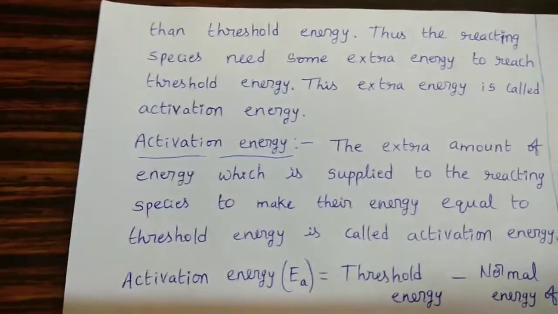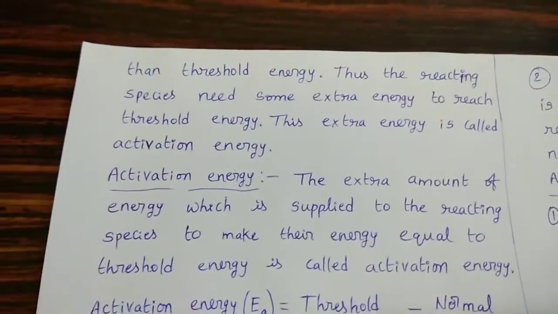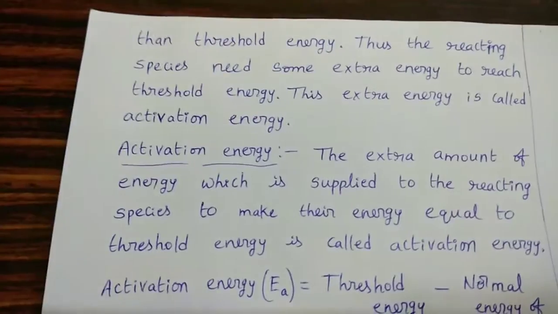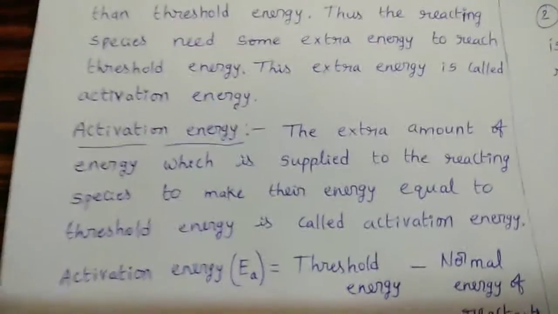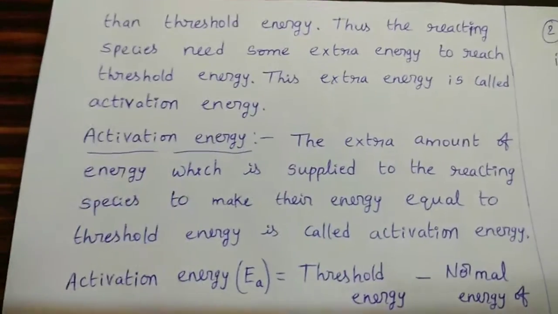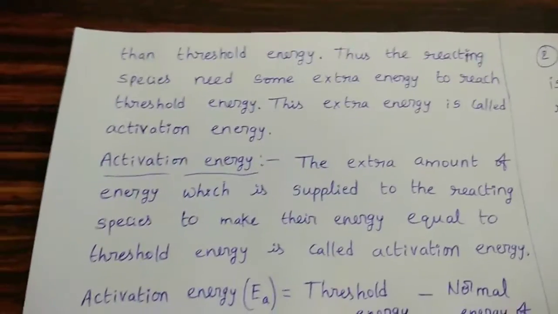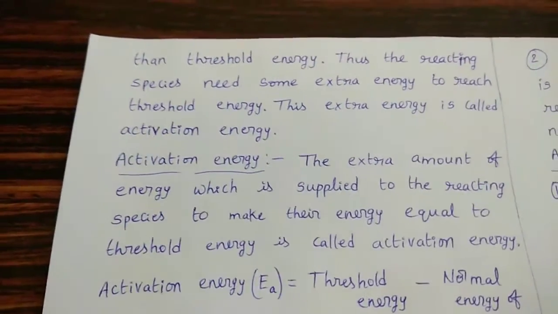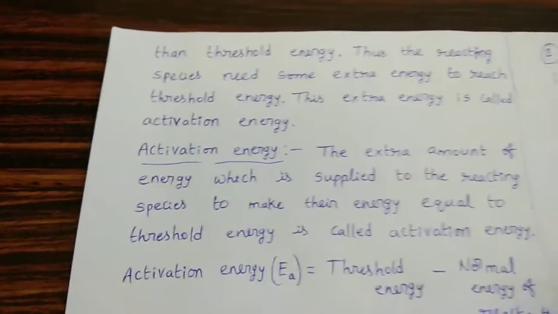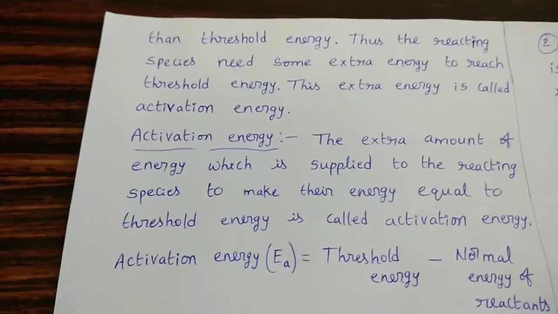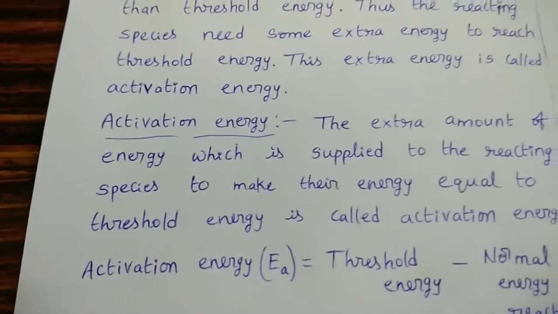So there is a gap between the normal energy possessed by the reacting molecules and the threshold energy. This energy gap is called activation energy. That means some extra energy we have to supply to the reacting molecules to increase their energy to threshold energy. That extra energy is called activation energy.